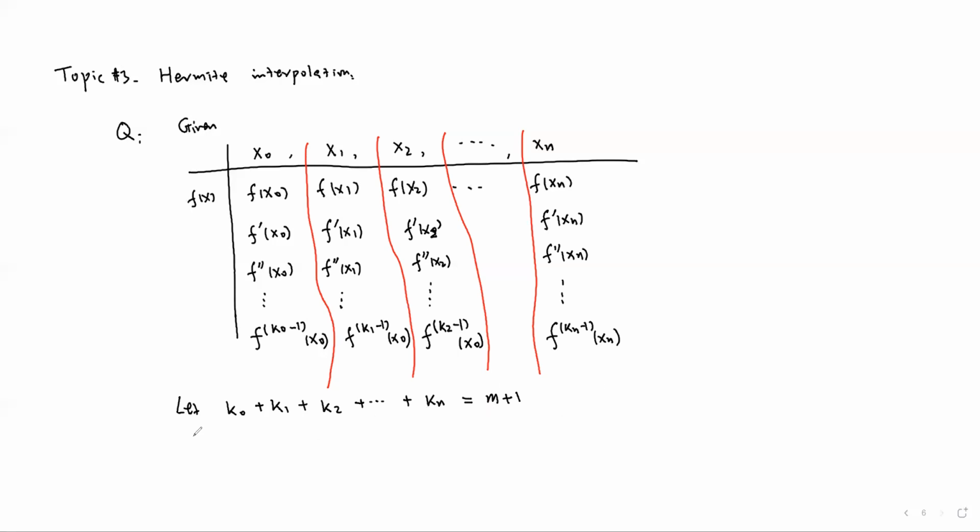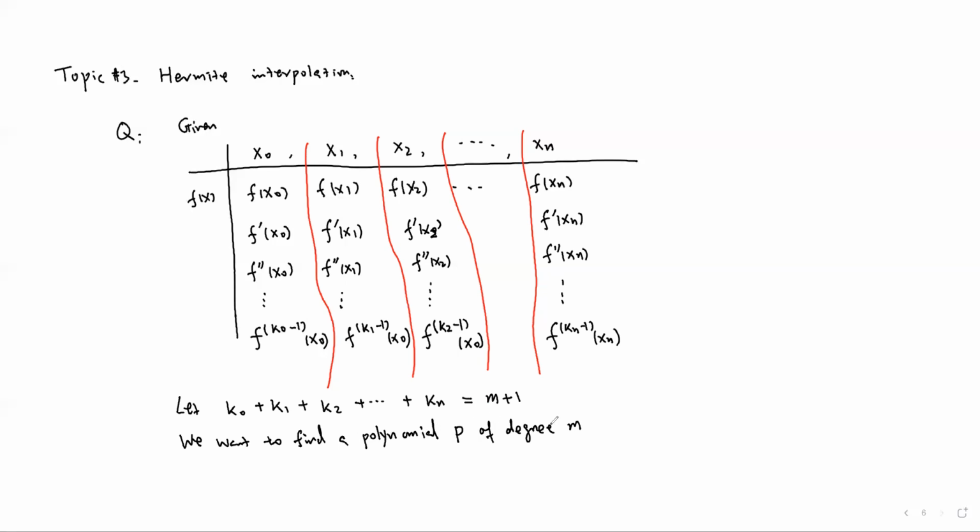Now we want to find a polynomial p of degree m. A polynomial of degree m has m plus 1 coefficients.